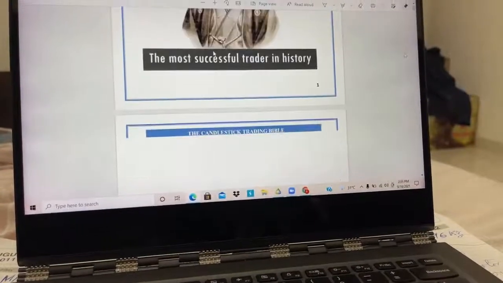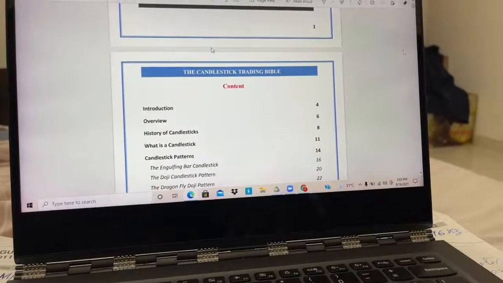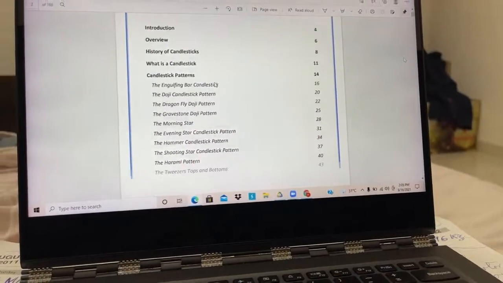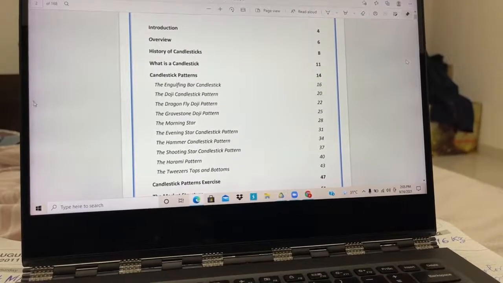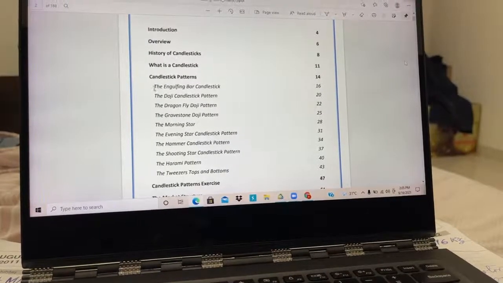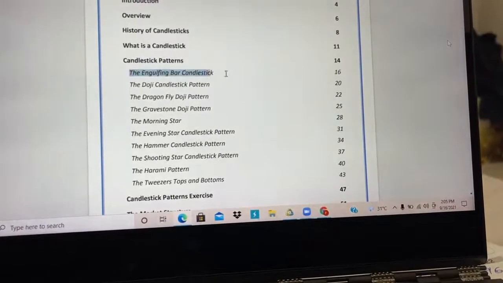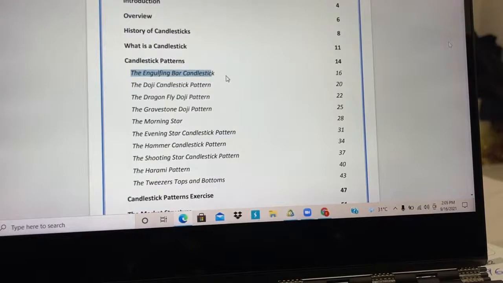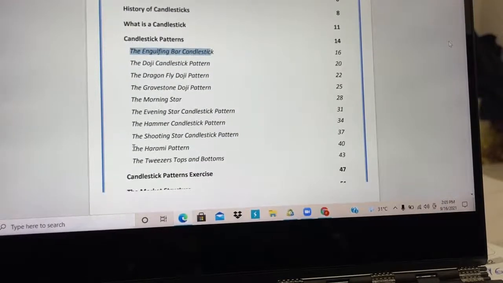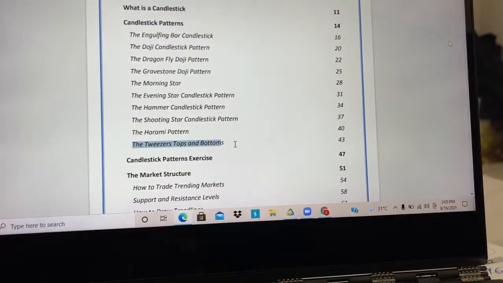Right, so just a bit of a recap of what we have covered so far based on the candle patterns. We did the bullish and bearish engulfing, and we also talked about the tweezers, tweezer tops and bottoms.